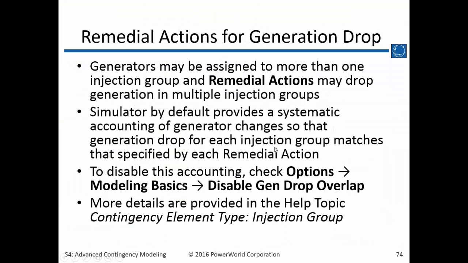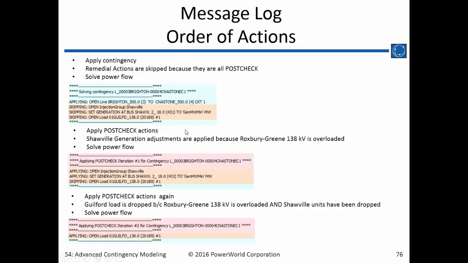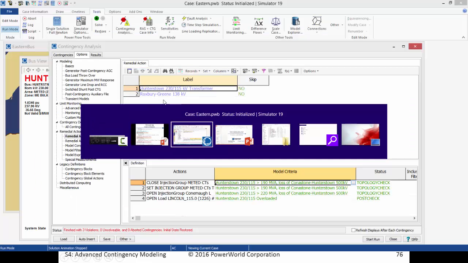So again, the next few slides just explain in detail what's included in some of those remedial actions and some of those remedial action elements as well. And if we look in the message log too, it'll tell you things that got skipped for certain contingencies.